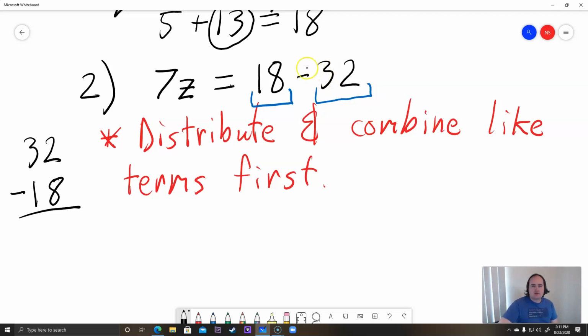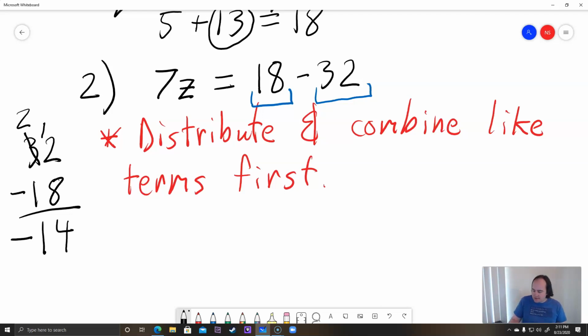So the larger absolute value is negative, so our answer is going to be negative. All right, and then we just subtract. So we borrow from the 3 and it becomes a 2. So we get 12 minus 8 is 4, and then 2 minus 1 is 1. So we get negative 14 for 18 minus 32.